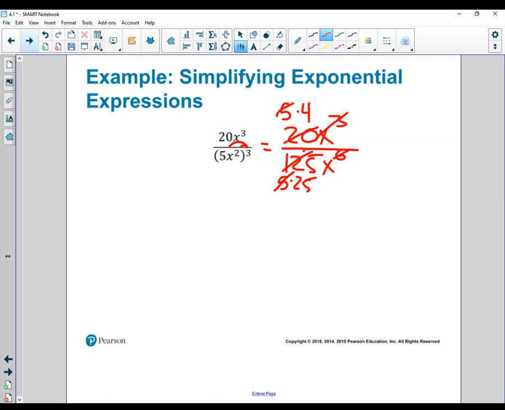How many are going to be left in the bottom? 3. So our end result is 4 on top, that's all that's left up here. It's kind of messy. What's left in the bottom is 25 x to the 3rd.